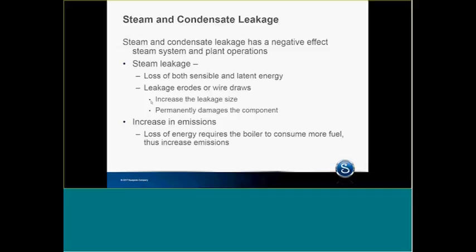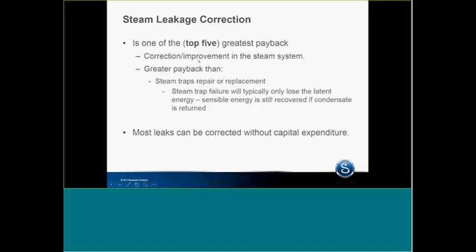Containment means they have to reduce emissions because they're surrounded by a city and residential areas. And the total basis of the steam leak correction was reducing emissions.